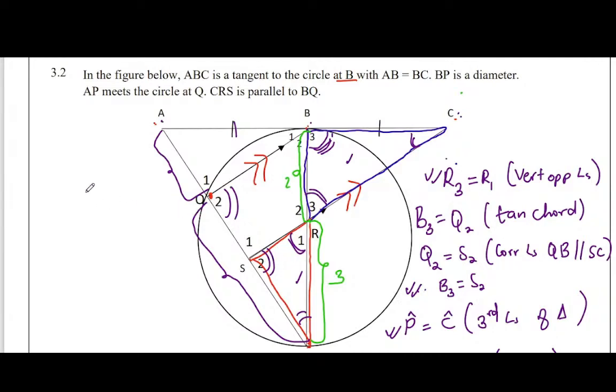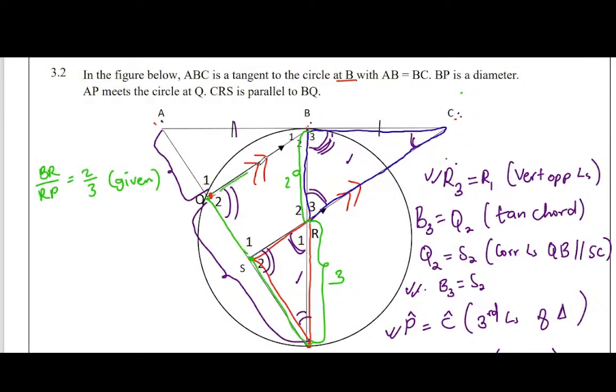So we know that BR over RP is being given as 2 over 3. It's given to us.